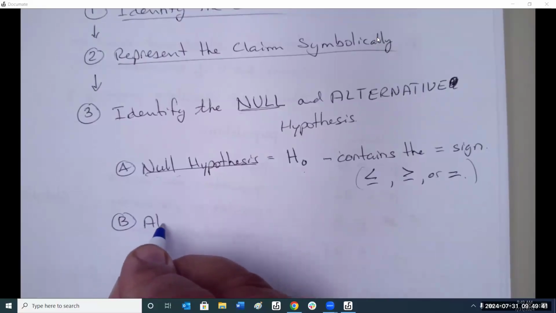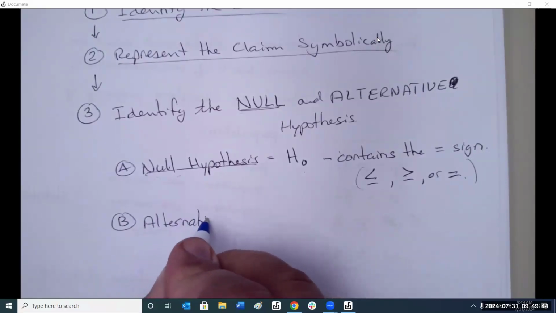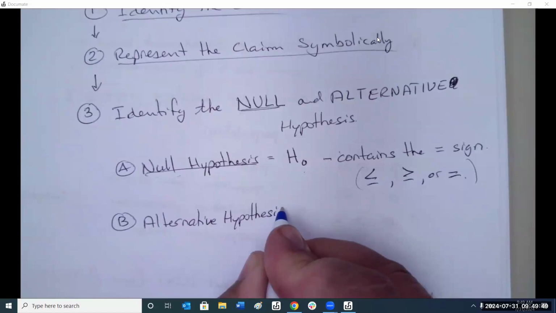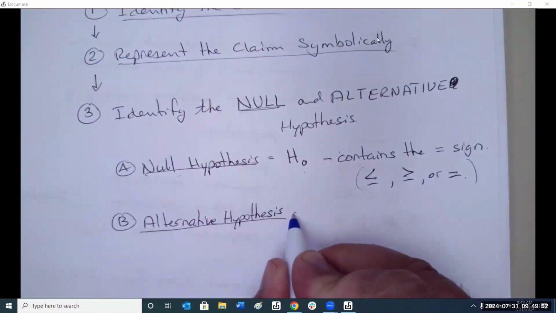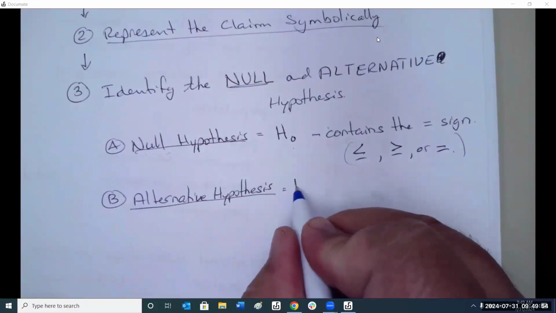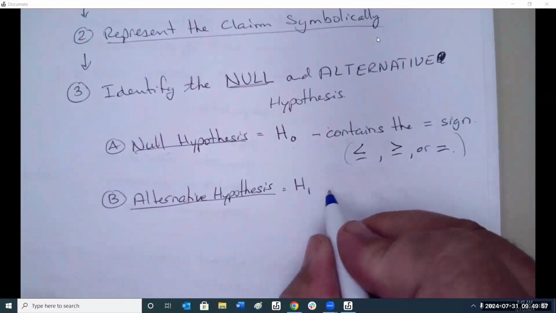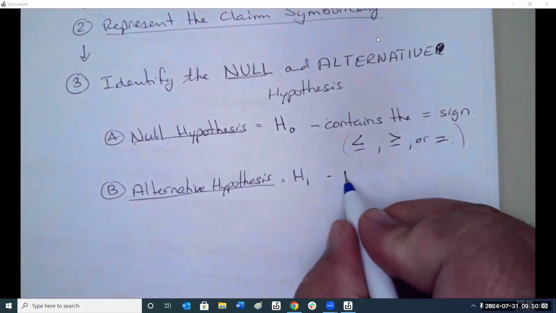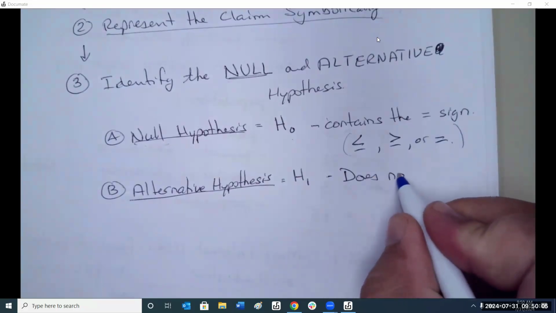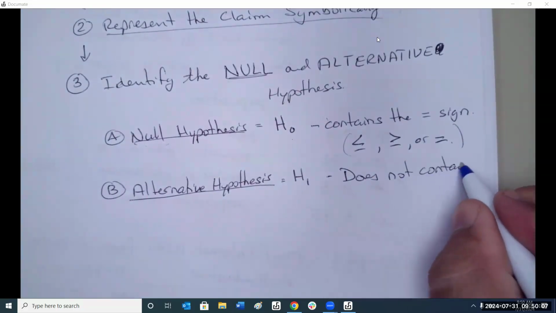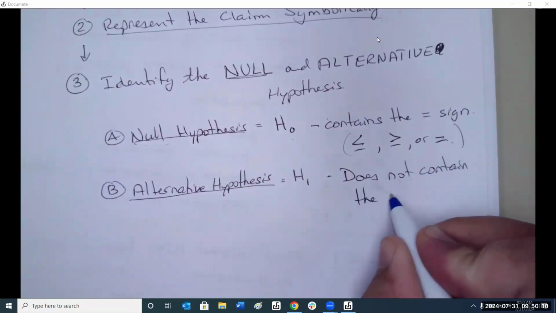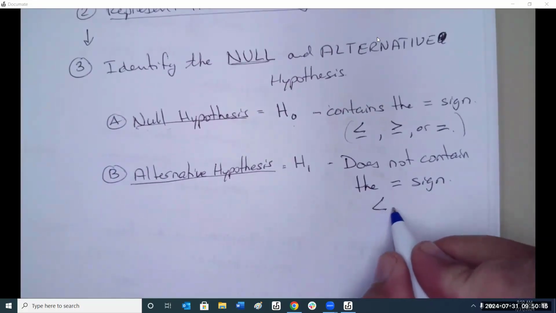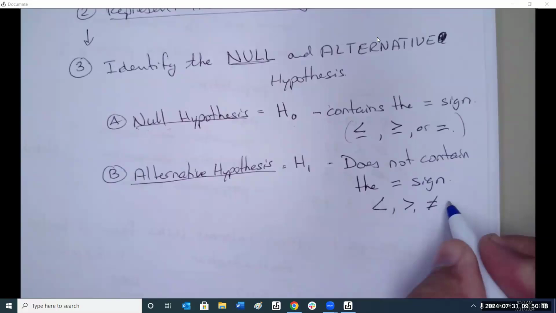The alternative, we represent that one with H sub 1. This one does not contain the equal sign. So it's going to be less than, greater than, or not equal to.